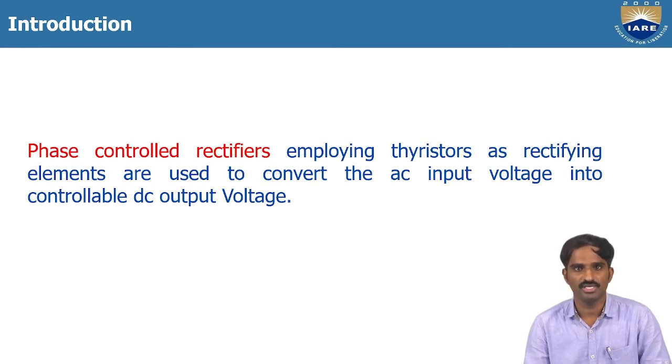There are different semiconductor devices like thyristors, IGBTs, MOSFETs, BJTs, GTOs. We can use any kind of semiconductor device in a phase controlled rectifier, but according to our application, the rectifying elements vary. In this total module, the rectifying elements are thyristors.